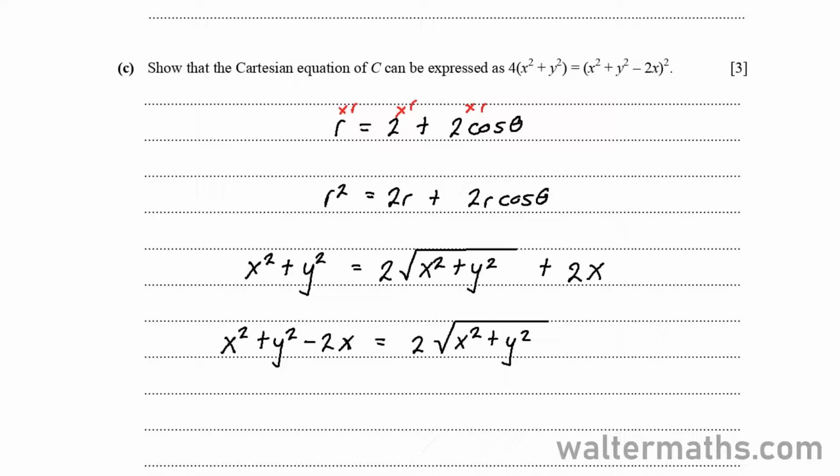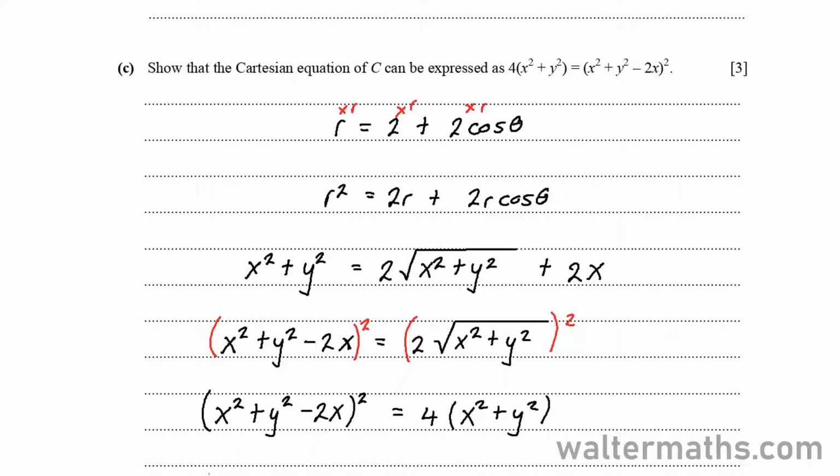And from this here, I can square both sides. If we do that, on the left side, we'll be having x squared plus y squared minus 2x all squared being equal to 4 of x squared plus y squared, which basically is what they want us to get.